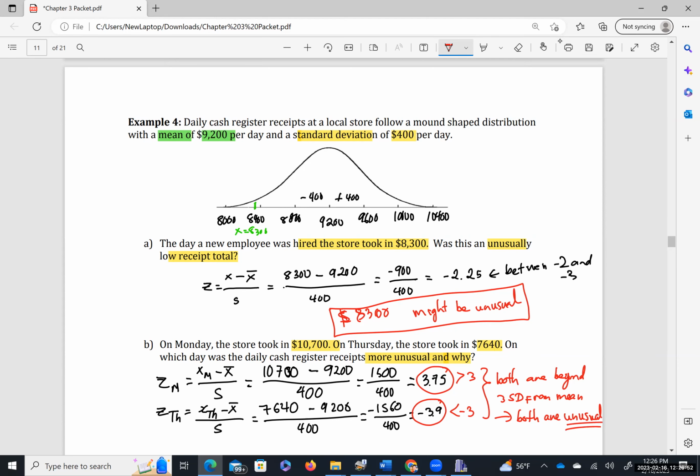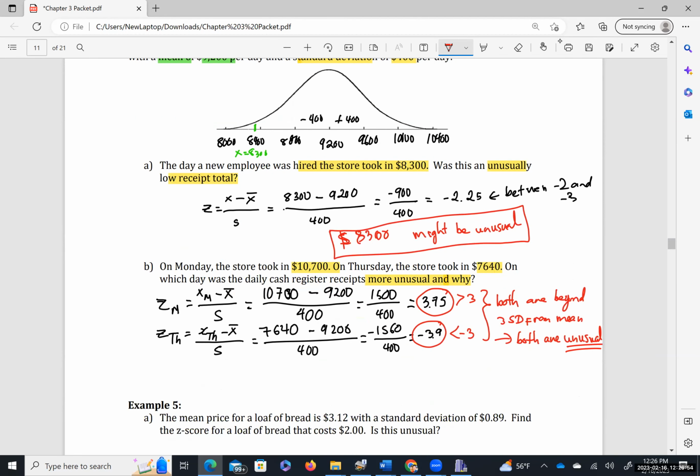However, because you are comparing between the two, keep in mind that for the more unusual, you will have to ignore the positive and negative sign.